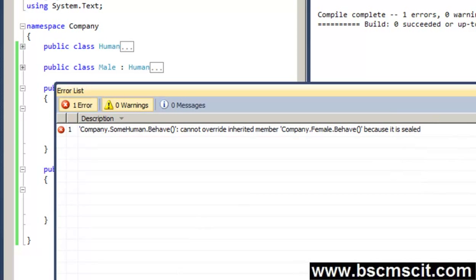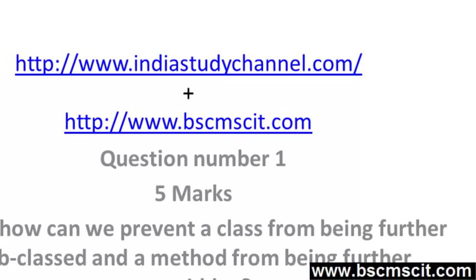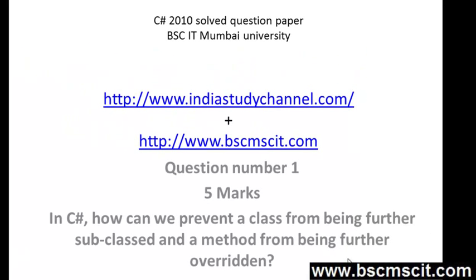So let's go back to our C# question paper and answer this question, which is of 5 marks. In C#, how can we prevent a class from being further subclassed, which means inheritance, and a method from being further overridden?